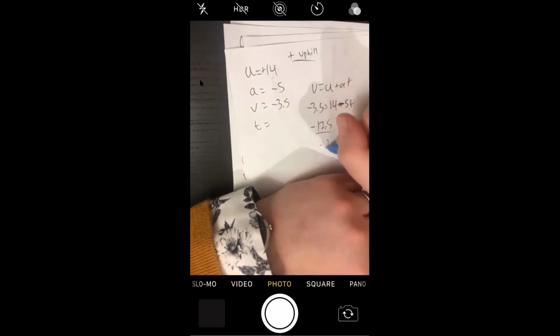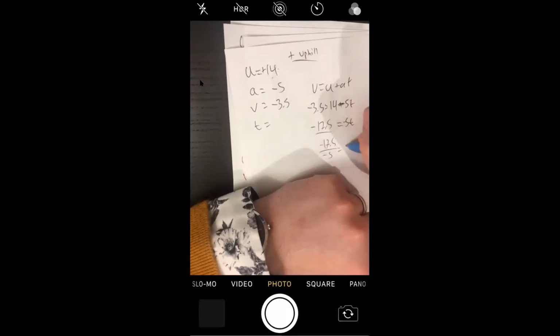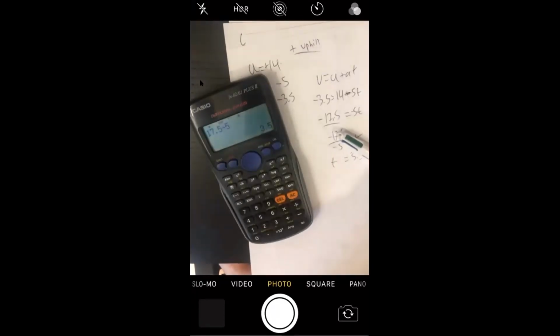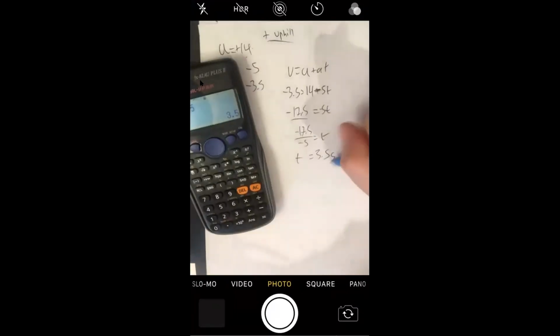Therefore, -17.5 divided by -5 equals t. 17.5 divided by 5 gives you 3.5. Yay! T equals 3.5. Perfect. I fell asleep, you missed that last little bit. But t equals 3.5 seconds.